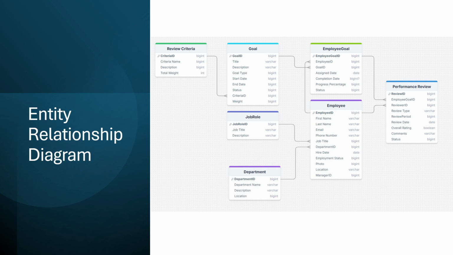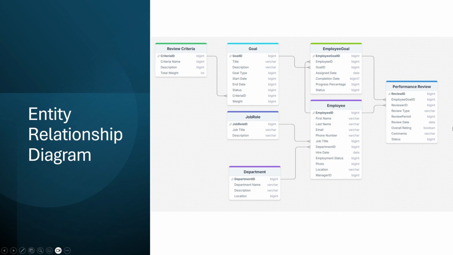Now let's go over our entity relationship diagram and how the tables are connected. First of all, employee and department. This is a one-to-many relationship, meaning an employee belongs to one department, but a department has many employees.